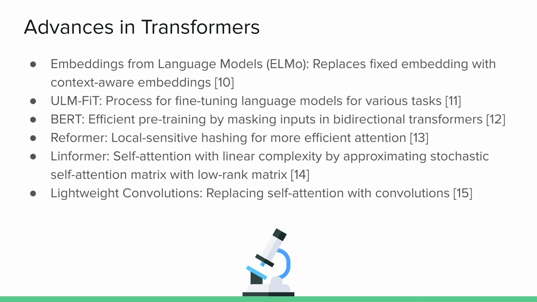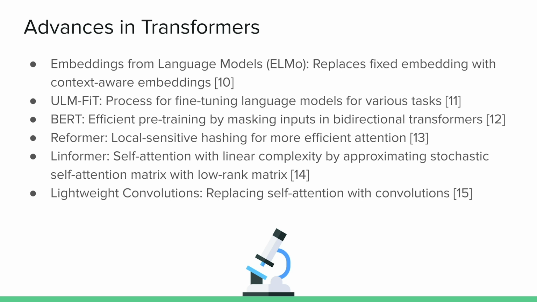And what they're doing is they're saying, okay, maybe we should use some sort of locality-sensitive hashing to compute this in a more efficient way. There is an even more advanced version of this, which is Linformer, where they even showed that you can reduce the complexity of this n squared to something that is linear.